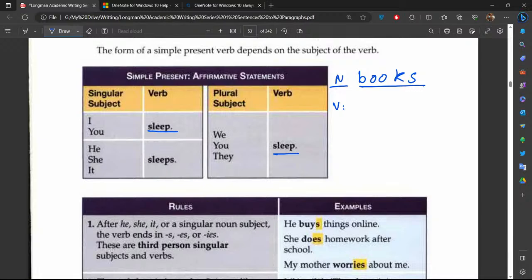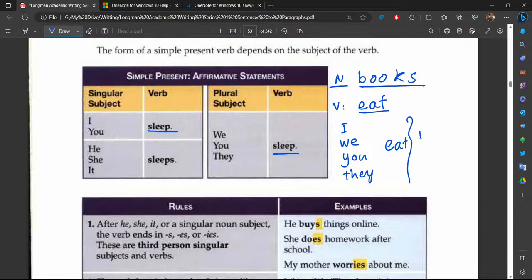So with our subjects, supposedly if our verb is eat, then I, we, you, they all eat. I eat, we eat, you eat, they eat. It stays eat.